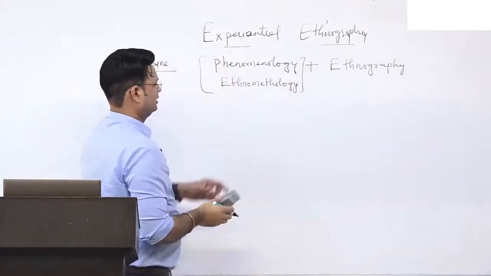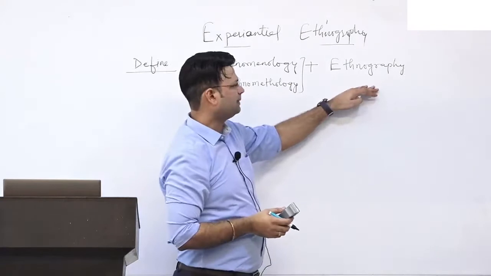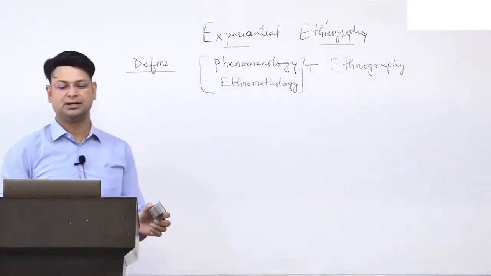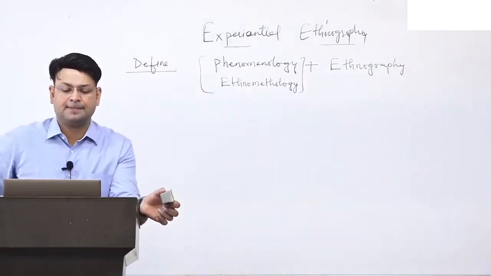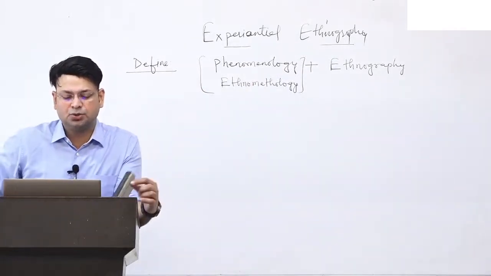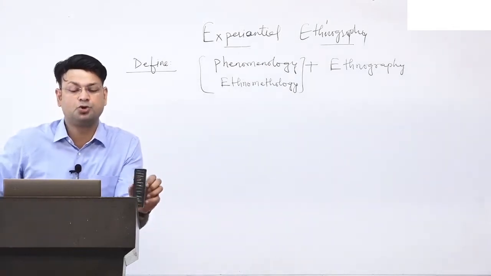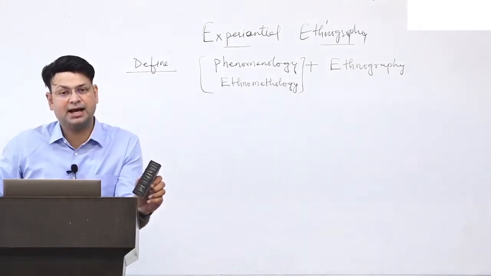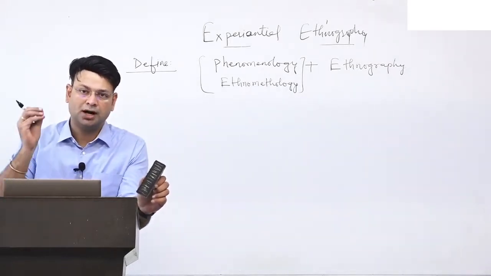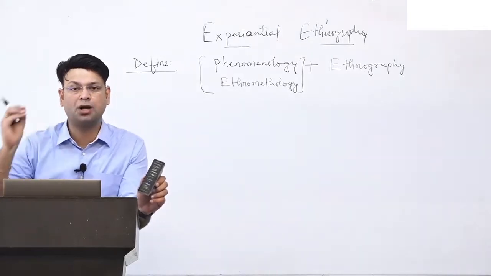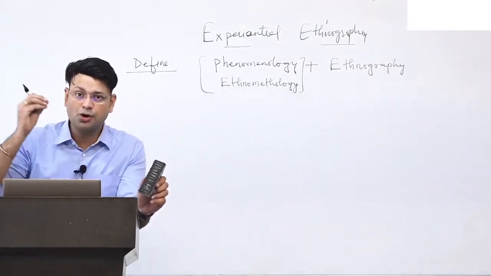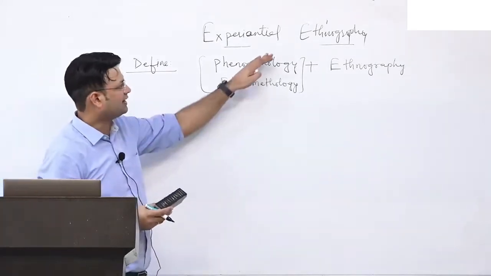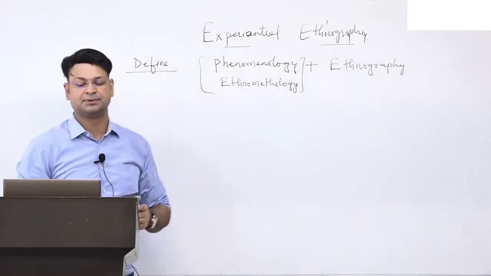So phenomenology, ethnomethodology plus ethnography is experiential ethnography. It is the interdisciplinary approach of doing ethnography by combining phenomenology and ethnomethodology to understand the people's worldview through their own experience of this world. That is how you can define experiential ethnography.